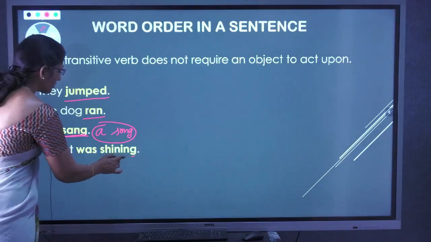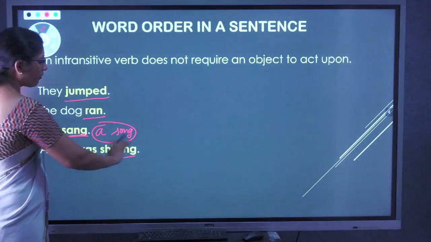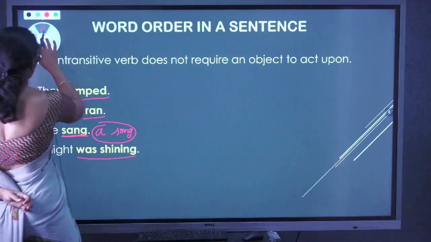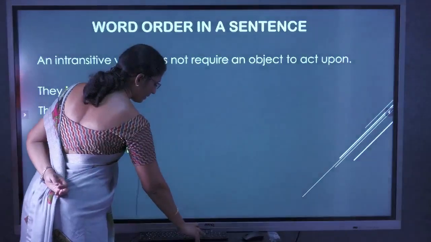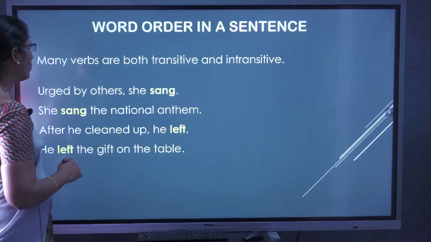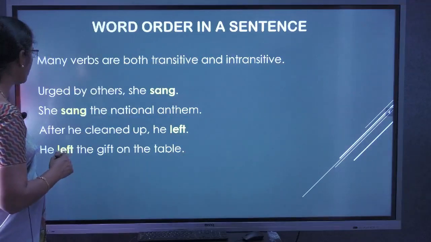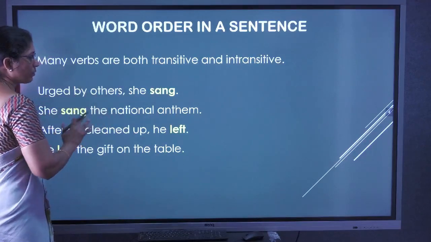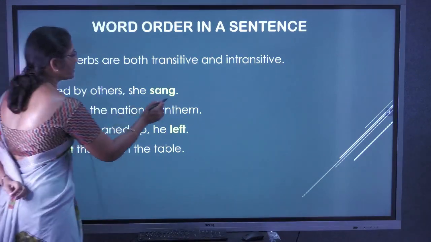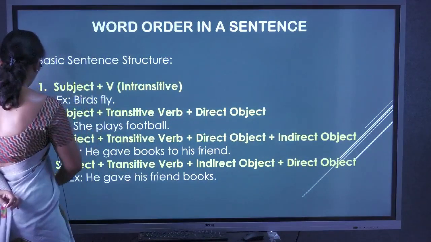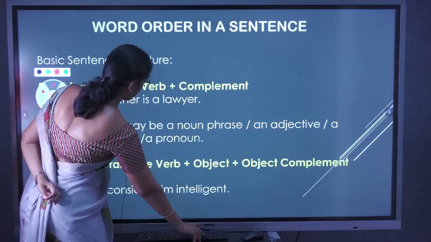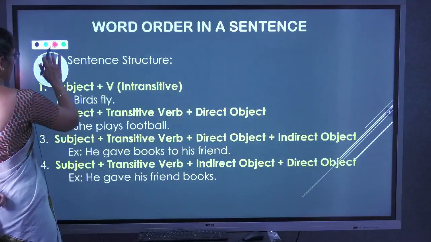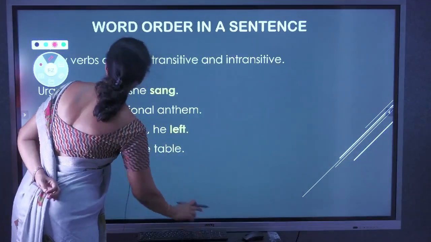Next, a light was shining. Okay, no need of any object. This is purely an intransitive verb. So many verbs are both transitive and intransitive. Here see that. Urged by others, she sang. Here two contrast examples. Okay.